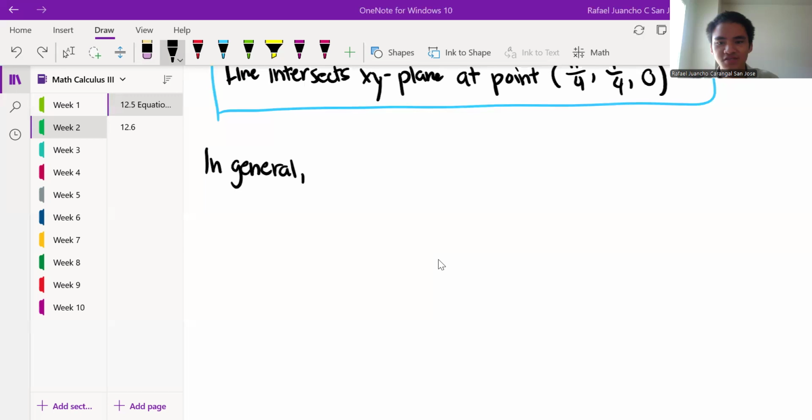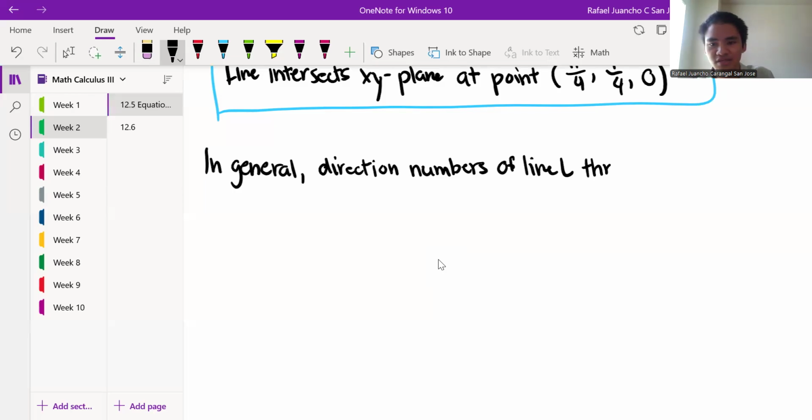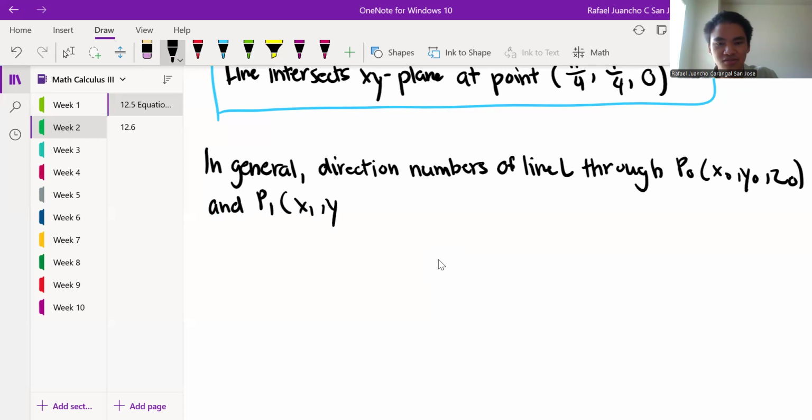So here, what I'm saying is direction numbers A, B, C of line L through, let's say, the initial point P naught, and another point, just call it P1 for simplicity purposes.